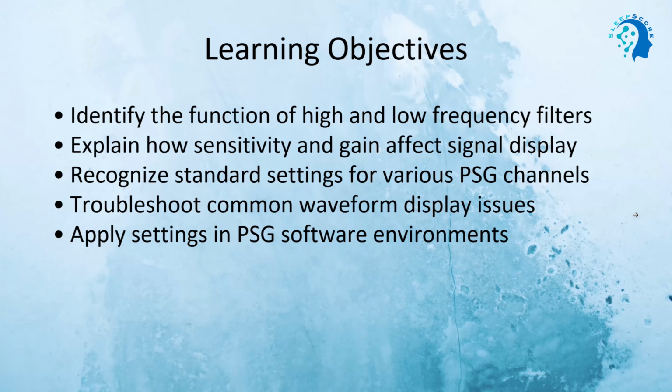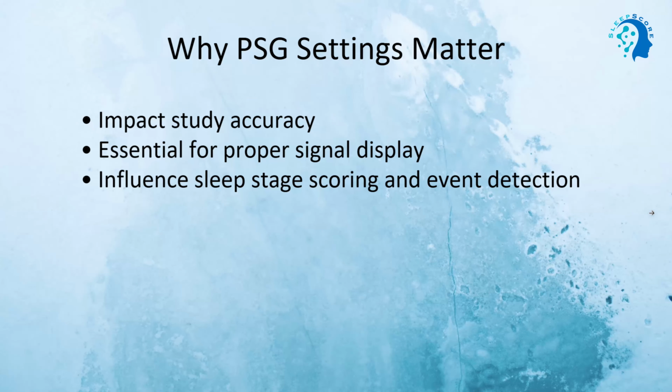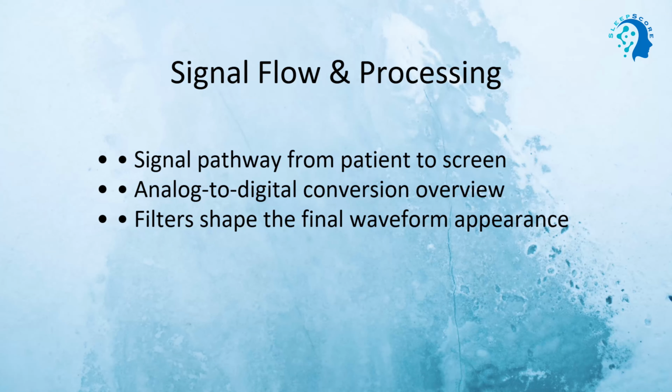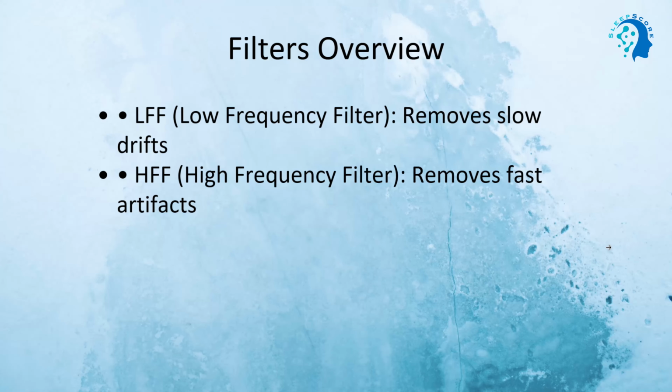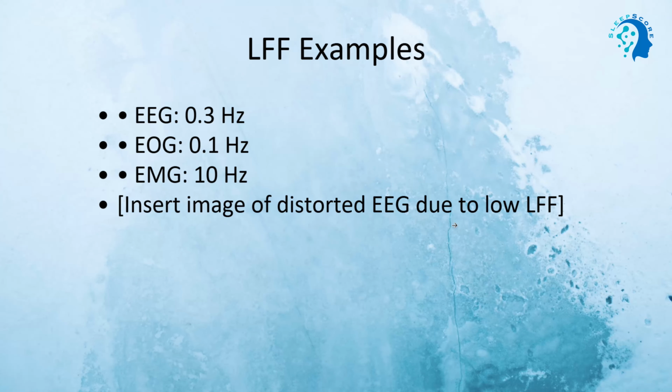Objectives. What are the objectives? This is the same thing. It impacts the accuracy, and is essential for the proper signal flow, the signal pathway from the patient to the screen, analog to digital. Filters: the lower frequency filter removes slow drifting, the higher frequency filter removes fast artifact.